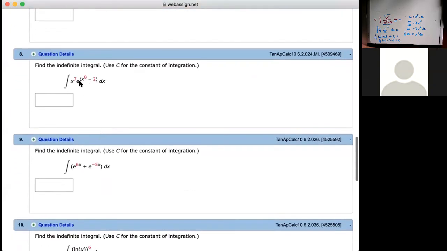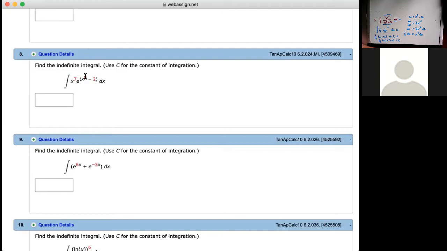Okay, so problem 8, we have x to the 7th times e raised to the x to the 8th minus 2. So there are some clues. I've already mentioned one. If we see polynomials, that is positive integer powers of x, if we can find one that's one higher degree than the other, so like here we have x to the 8th, and then we have an x to the 7th out there, that tells us that x to the 8th minus 2 might be a good choice for u.